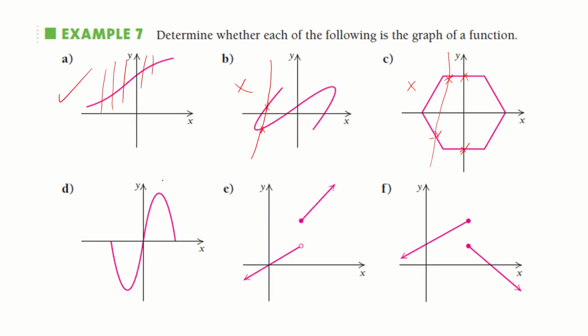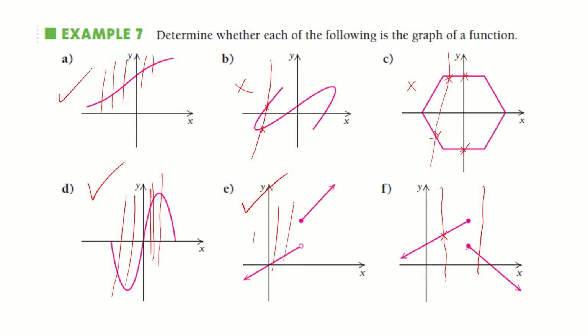What about this one? Again, if you draw any vertical line, it will be crossing the graph in exactly 1 point. So it is a graph of a function. The same thing, it's also a graph of a function because every vertical line will be crossing this graph at exactly 1 point. What about this one? If you draw a vertical line here, it crosses the graph at 1 point. If you draw any vertical line on the right of this point, again it crosses at 1 point.